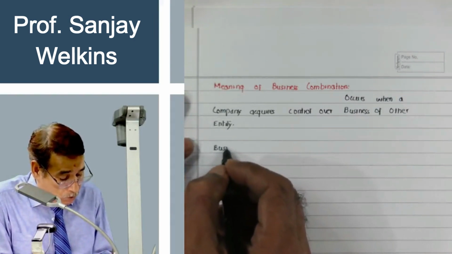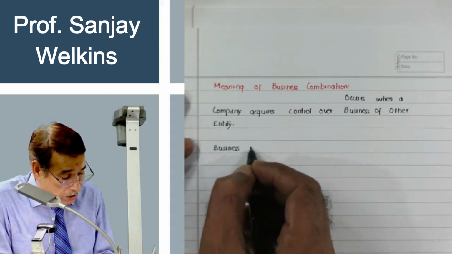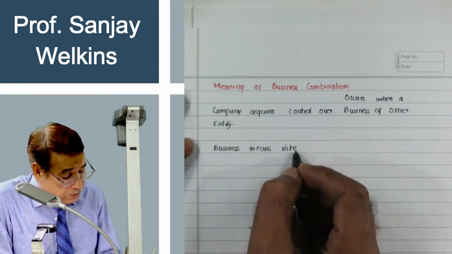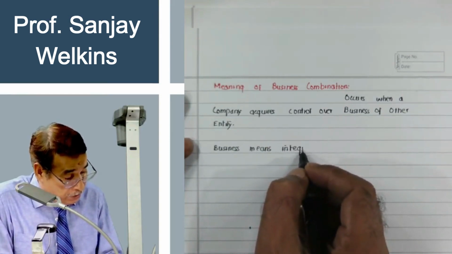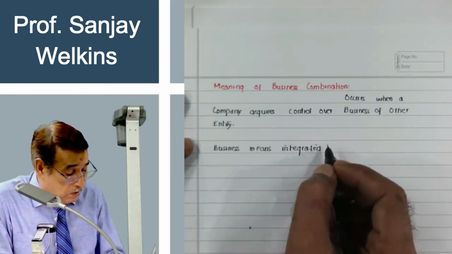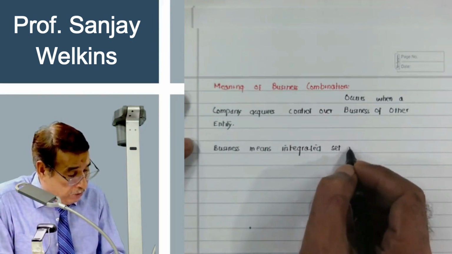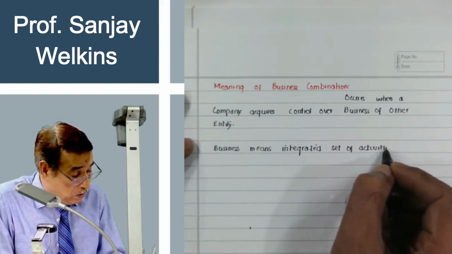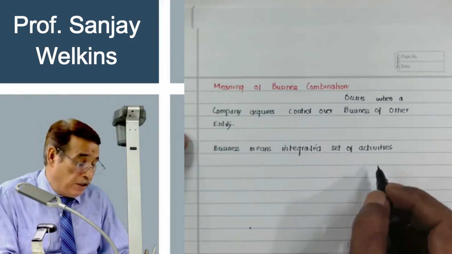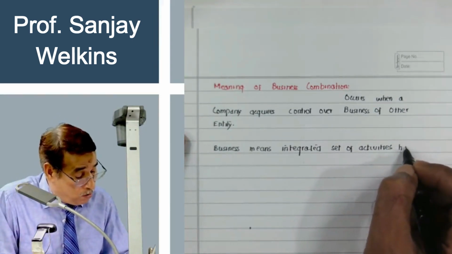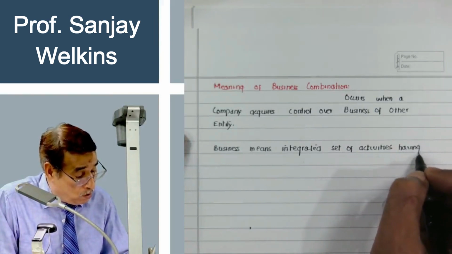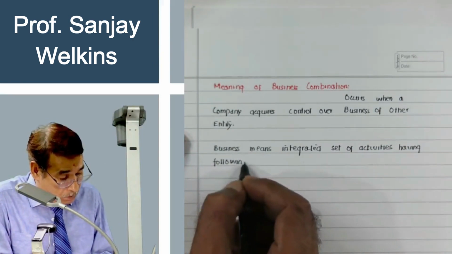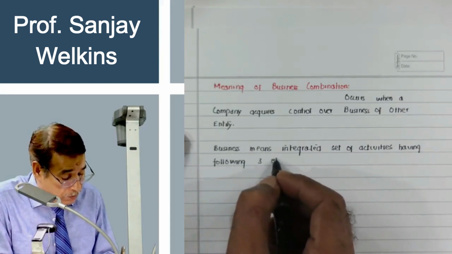Business means... the standard defines business as a set of integrated activities. Business means an integrated set of activities having the following three elements.